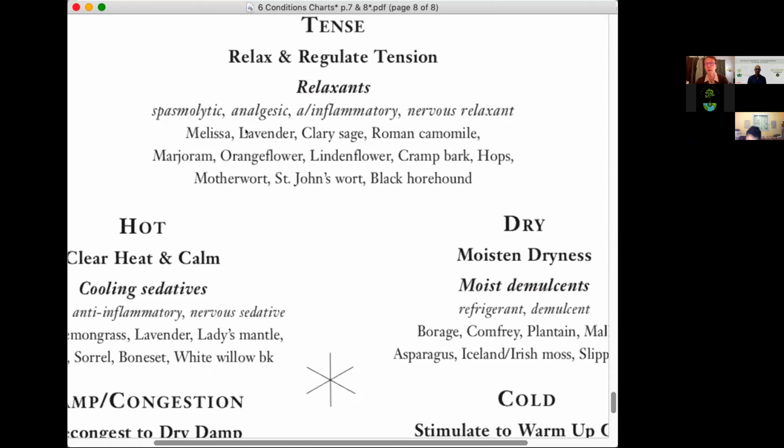Okay, Roman chamomile too. Most of these are aromatic plants that contain essential oils. This is why I'm digressing a little bit. Roman chamomile, Anthemis nobilis, marjoram, Origanum majorana, orange flower. Orange flower, we use the bitter orange flower as a relaxant, not the sweet so much.